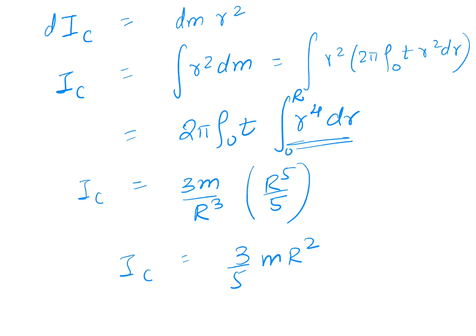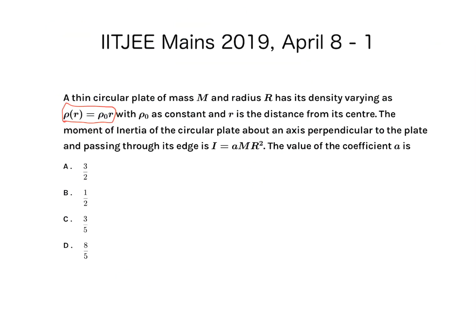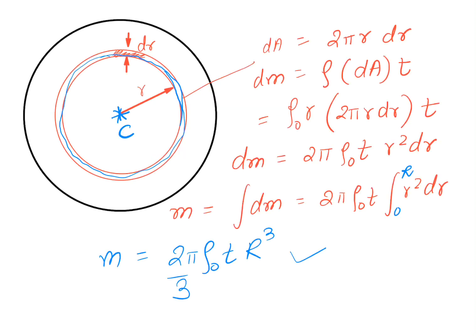Now the question is asking moment of inertia about an axis perpendicular to the plate and passing through its edge. So I take a random point on the periphery of the disk and let's name this point as P. About an axis passing through P and perpendicular to the disk, the moment of inertia IP will be IC plus mr square.